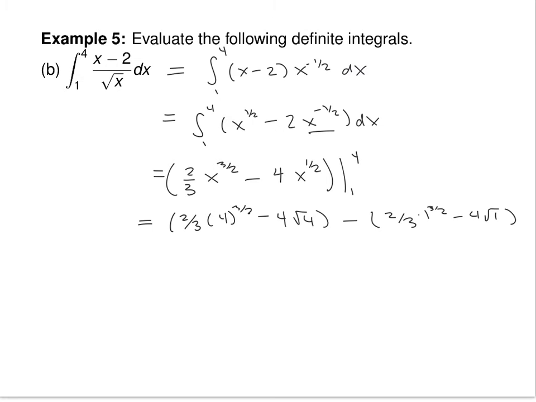So what's 4 to the 3/2? I think it's 8. So then it becomes 16/3 minus 8, right? And minus 2/3 plus 4, because 1 to the 3/2 is just 1, and square root of 1 is just 1, yes?